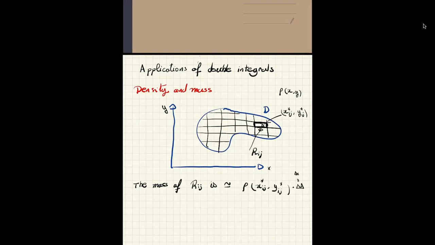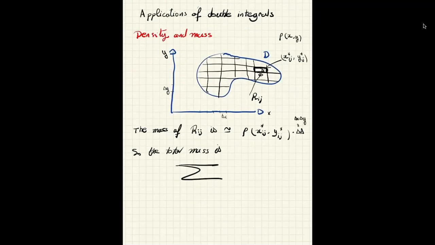Here we assume that we divide the rectangle uniformly, choosing some fixed width delta x and some fixed width delta y. And then the total mass is the sum over all, sorry, this is a big sigma.